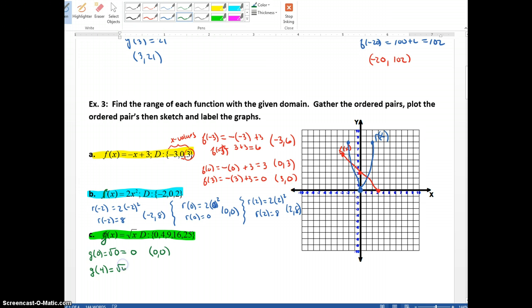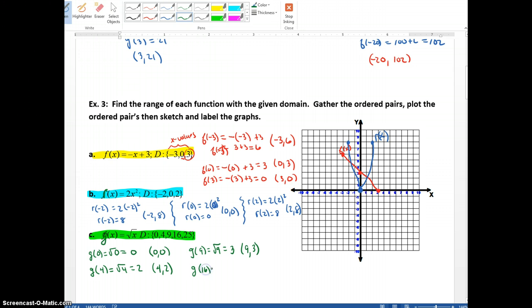Well, the square root of 4 we all know is 2. Ordered pair, input 4, output 2. Next, we're going to evaluate the function when x is equal to 9. G of 9 equals the square root of 9, which is 3. Ordered pair, input 9, output 3.